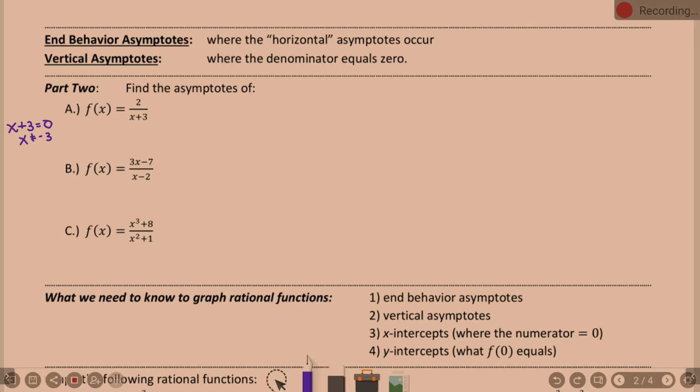What else do we know? Highest powers on bottom, so there's going to be a horizontal asymptote of y equals 0.